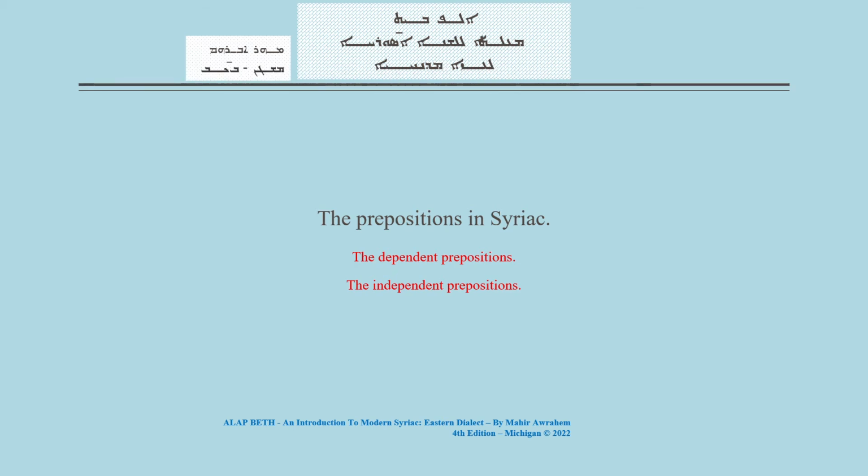The next type of preposition in Syriac is the independent preposition. Those are words that give the whole meaning by themselves. In Chapter 6, we're going to learn more about those with more examples. Let's just read those words together, from the right column on page 70.